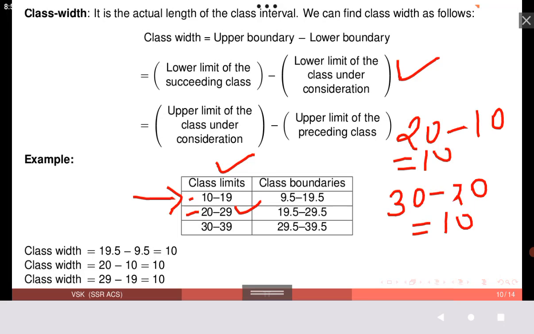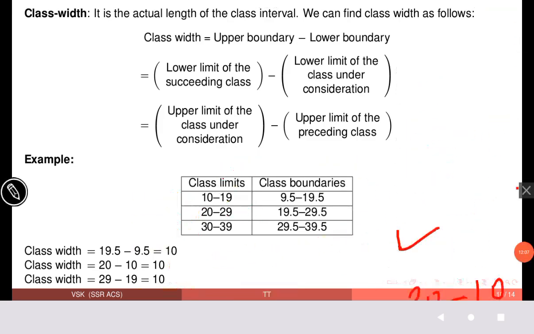That is in case of class limits. And in case of class boundary there is no problem in finding class width. So in case of class boundary, what will it be? Your class width is simply 19.5 minus 9.5. So this is for the first class. Class width in case of inclusive: 20 minus 10, or you can take the upper boundaries also this way, 29 minus 19.